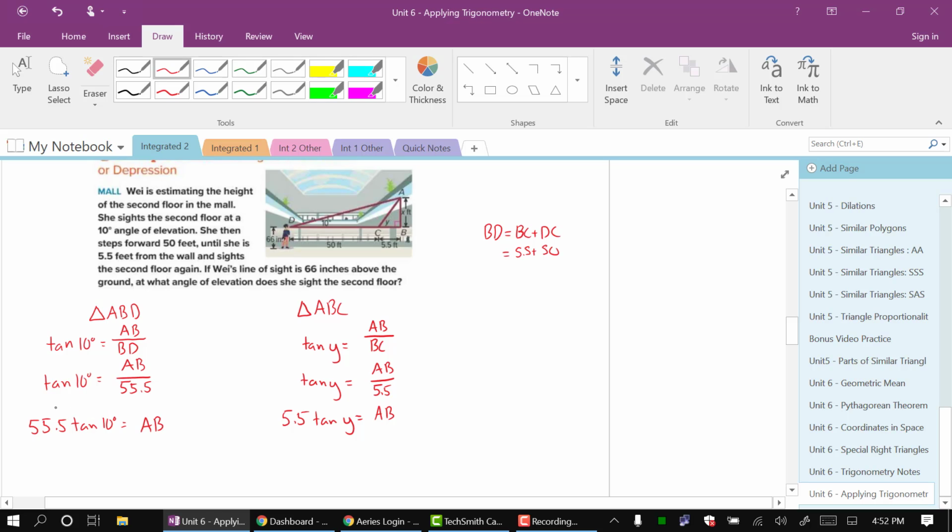Well, over here, I'm coming back to it, that equals AB. Over here, that also equals AB. So these two actually equal each other because they both equal AB. So 55.5 tangent 10 degrees equals 5.5 tangent Y. So I can solve for Y by setting the two of them equal to each other. So I'm going to divide both sides by 5.5.